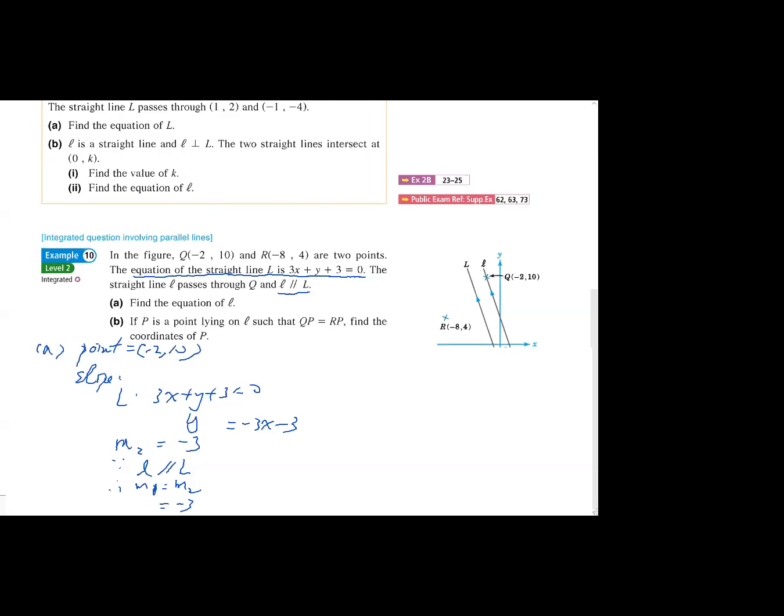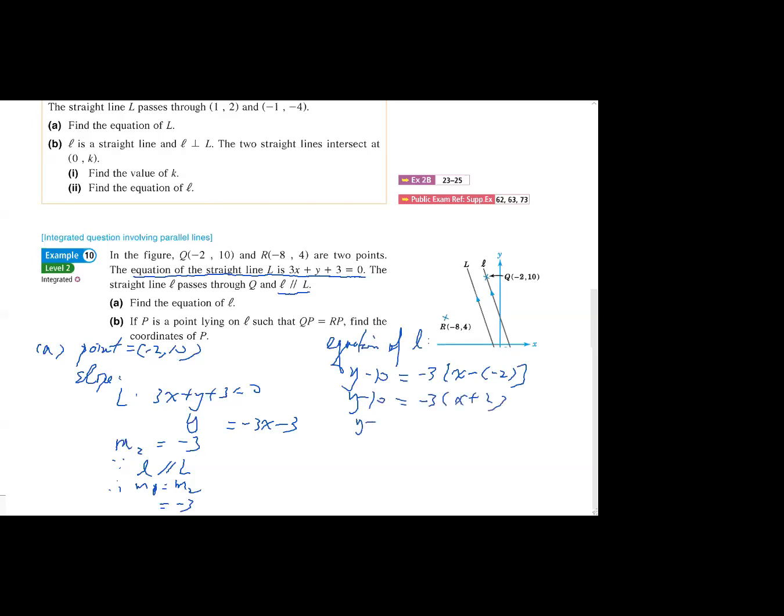Okay, and then now we have the point, we have the slope, and then we can write down the equation of small l. Okay, that is y minus y1 equals m times x minus x1. Okay, so it's y minus 10 equals -3 times x plus 2.